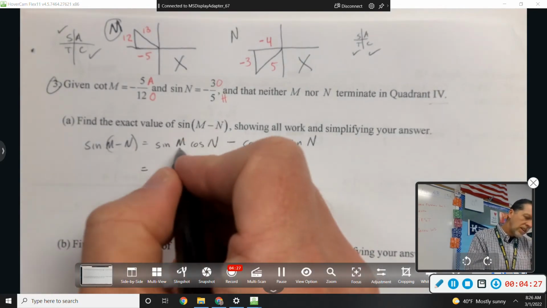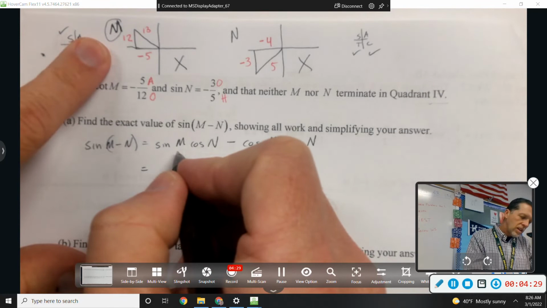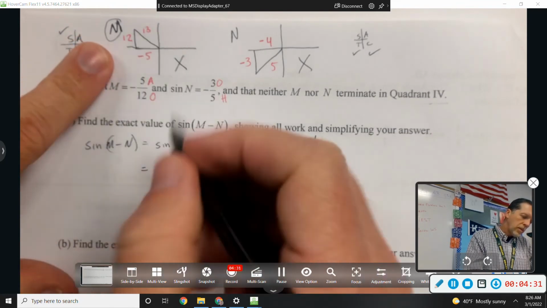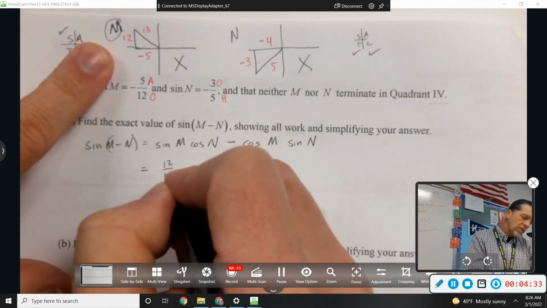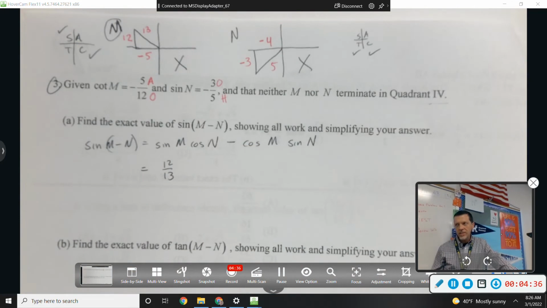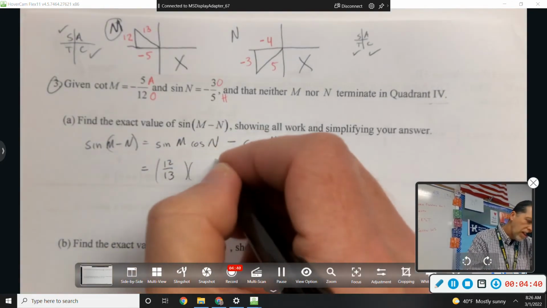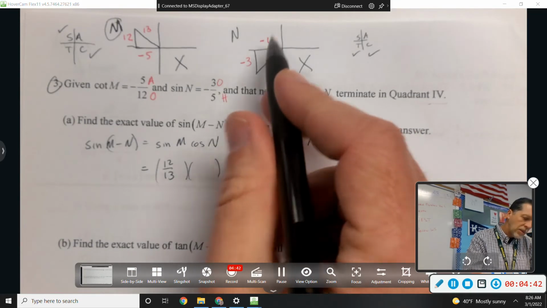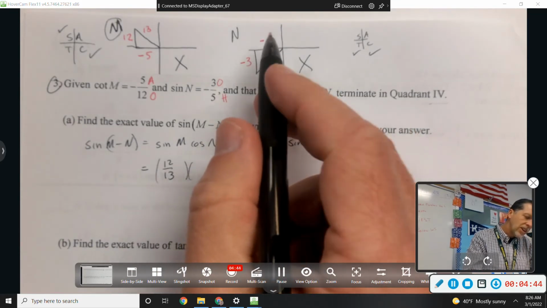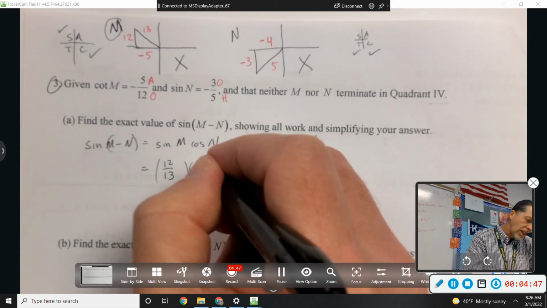So the sine of m, sine is opposite over hypotenuse, so that's 12/13. Again, it's not the sine of 12/13. The sine is 12/13. Cosine of n, so make sure you're looking at n. Cosine is adjacent over hypotenuse, negative 4 over 5.